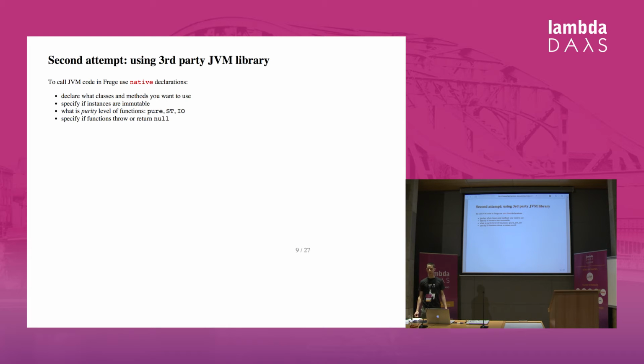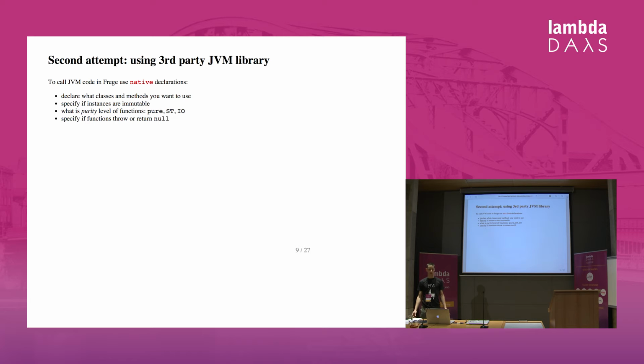So we need to specify what classes we would like to use. If instances of these classes are immutable, because in Frege we require that values are immutable. If they are not, there is one feature which helps us. I will get to this. And what's the purity level of the function?